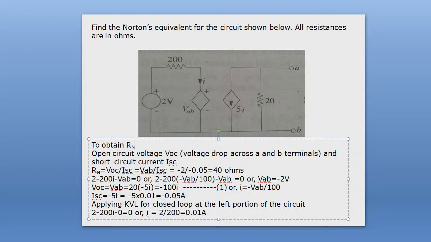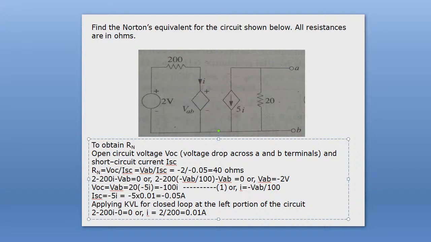In next class, we will discuss the remaining 3 theorems, such as reciprocity theorem, compensation theorem and Millman's theorem. After completing these 3 theorems we will proceed to a new topic, that is transient analysis or Laplace transform.